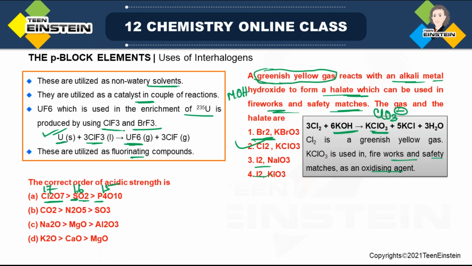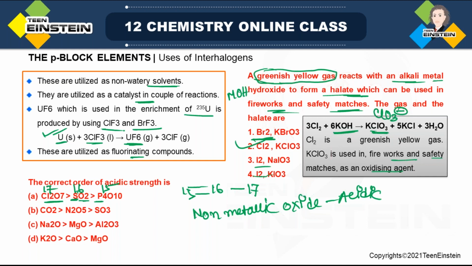But as we are moving from group 15 to 16 to 17, non-metallic character increases. Now non-metallic character increases means what? It will be non-metallic oxide. They are acidic in nature, and non-metallic character is maximum in 17, then 16, then 15. So this order is actually correct. Any doubt?